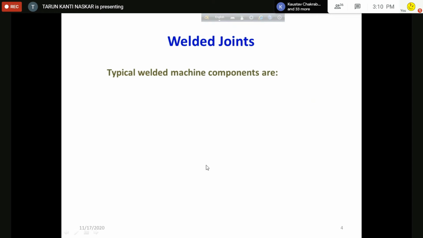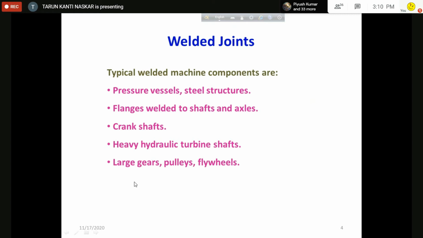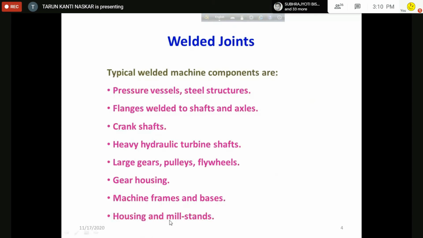Now typical welded machine components. What type of machine components are manufactured by weldment? Pressure vessels, steel structures, flanges welded to shafts and axles, crankshafts, heavy hydraulic turbine shafts, large gears, pulleys, flywheels, gear housings, machine frames and bases, housings, and mill stands.